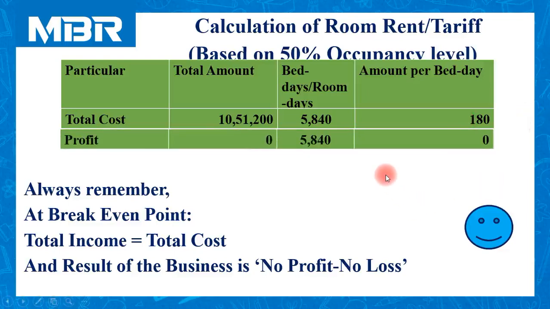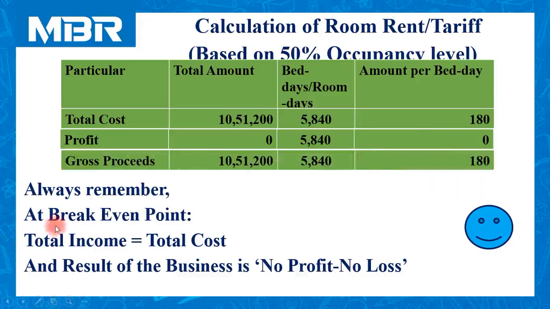As we know that we have to calculate tariff at break-even point. And at break-even point, the amount of profit or loss is zero. So it is zero. We need not add any kind of profit.